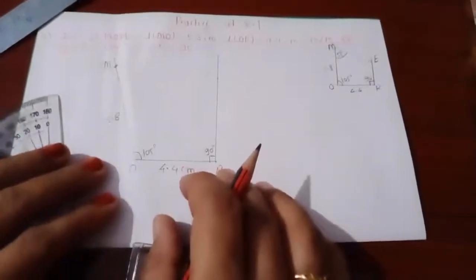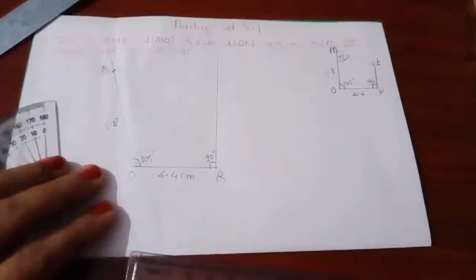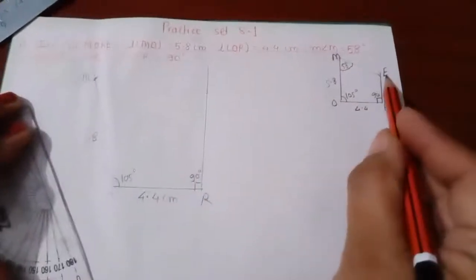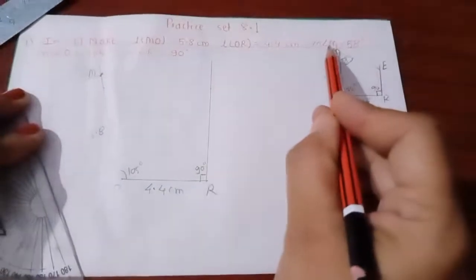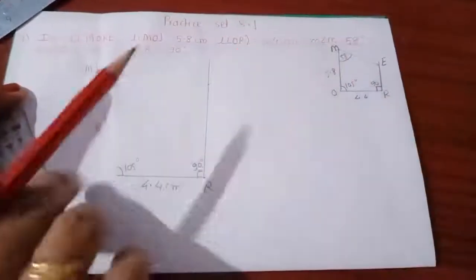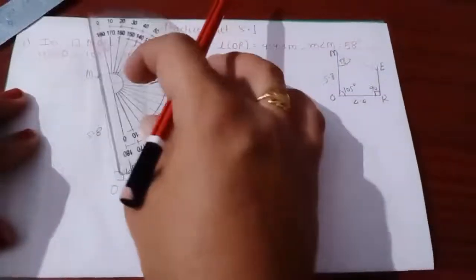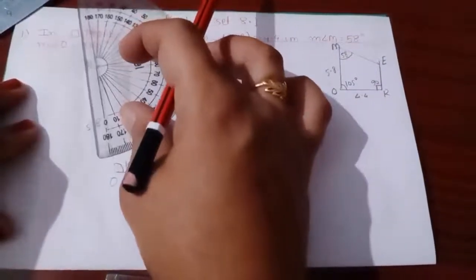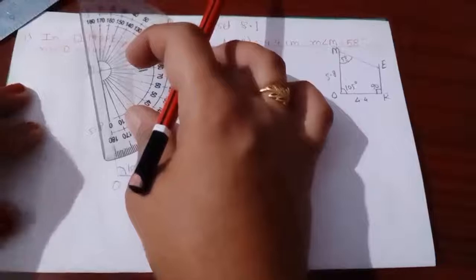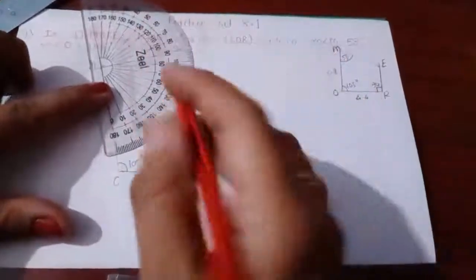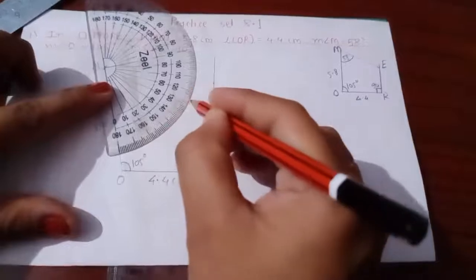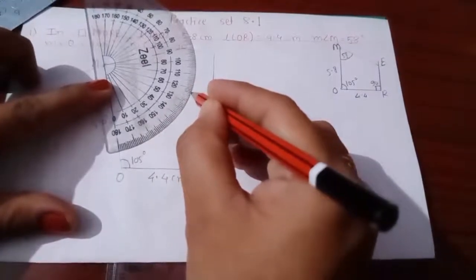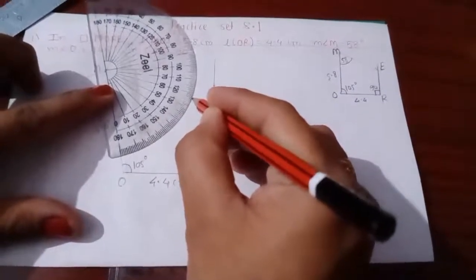Now we want the last point E. We know the angle M is 58 degrees. Put your protractor on M and take a measurement of 58 degrees.